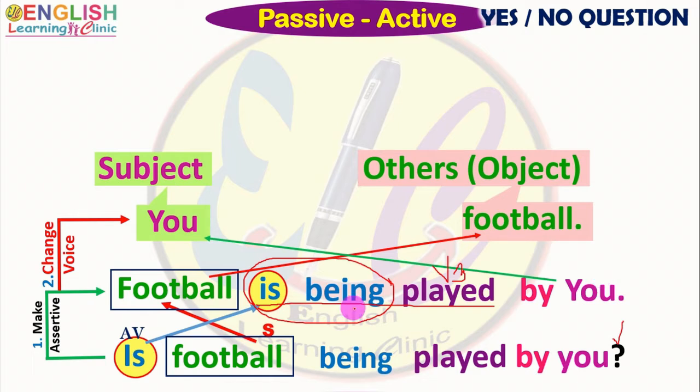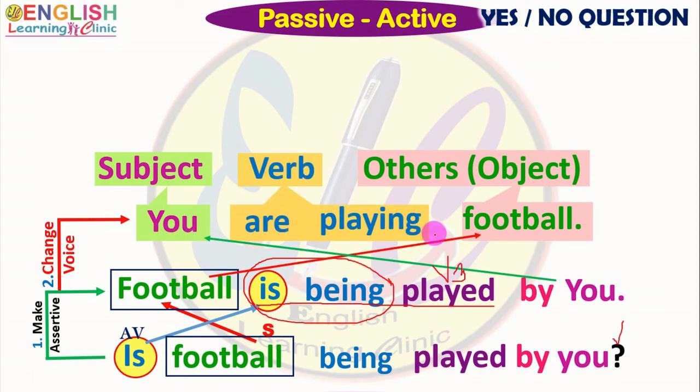And now the form of the verb. For changing the passive form of the verb to active form, you have to just focus on the form of the be verb. Here look at the form of the be verb. The be verb is in present continuous form. So, in active voice, the main verb was in present continuous form. As the subject is second person, so for this, are playing is appropriate. Now, make it a question.